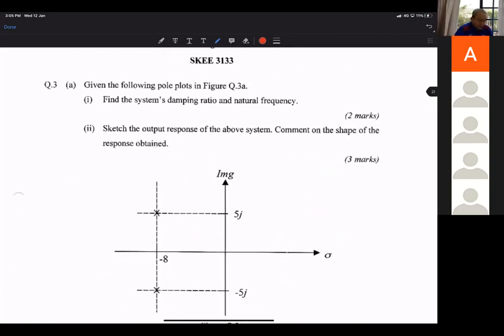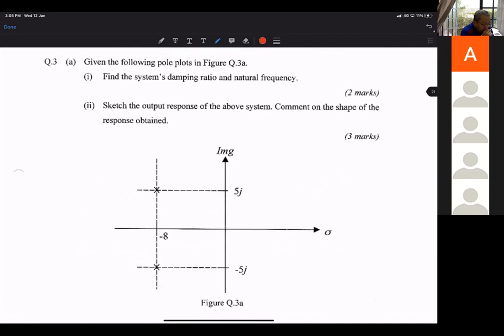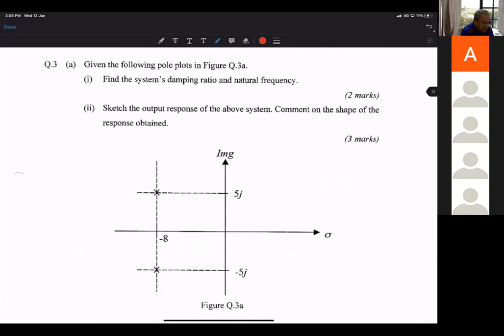Okay, guys. So how are we going to solve this? Find omega n and zeta.